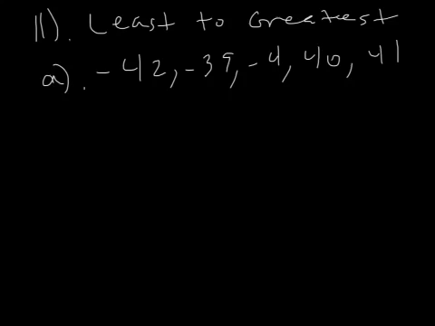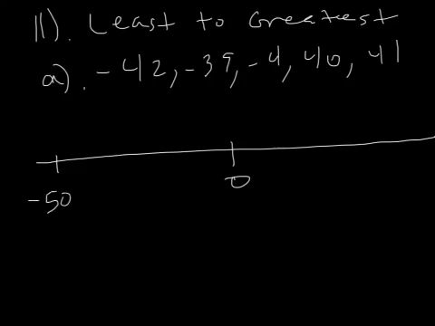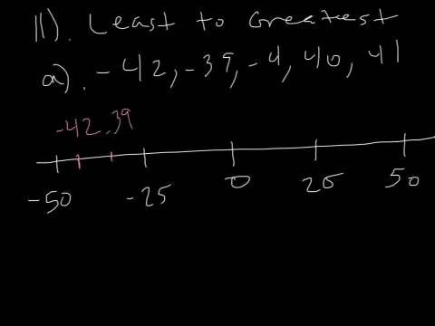If you did a number line with 0 in the middle, negative 50, negative 25, positive 25, and positive 50, negative 42 has to be over here, negative 39 a little bit more over here, negative 4 somewhere around here, and then you have 40 and 41.